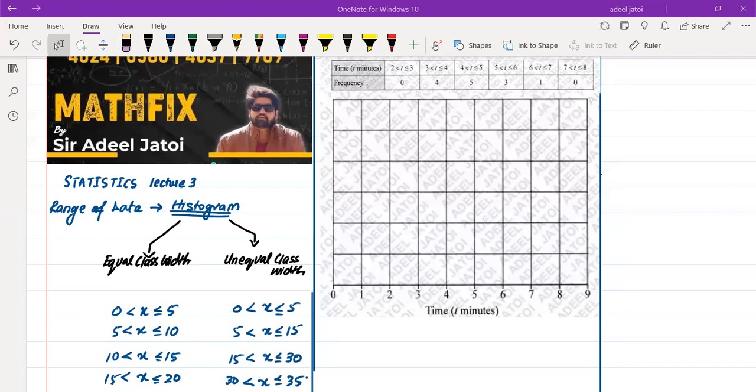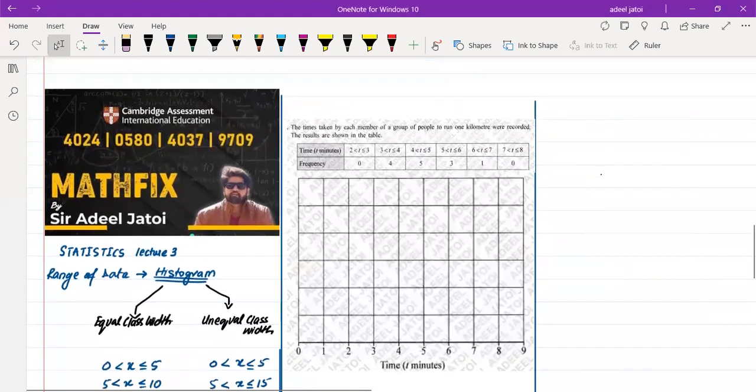Now let's go through the example of a frequency histogram, right? So let's say we are making a histogram, but your histogram is dependent upon the frequency. And how do you relate this?